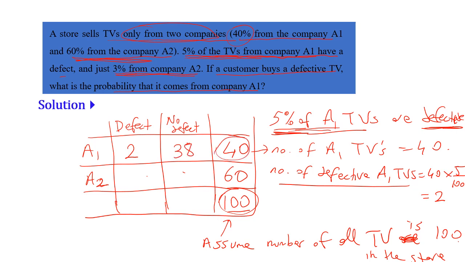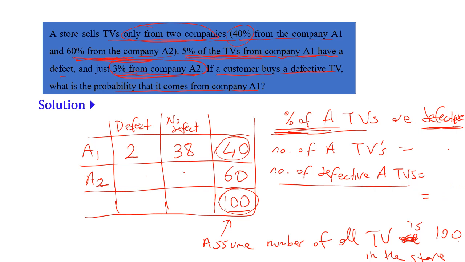Now let's do the same thing for A2. The information says that 3% of A2 TVs are defective.